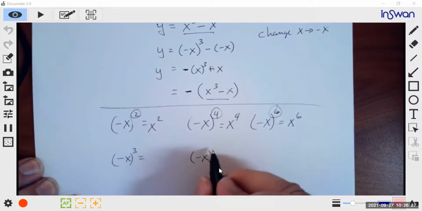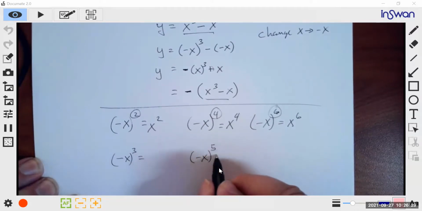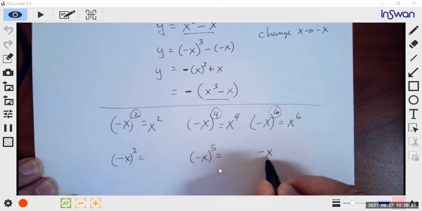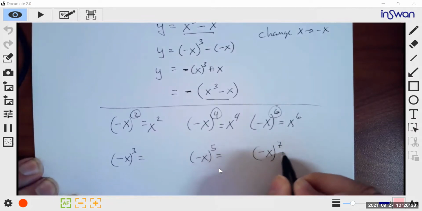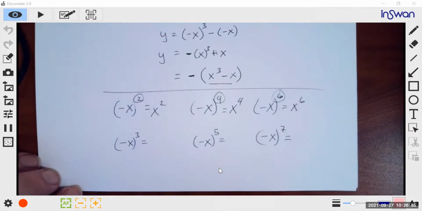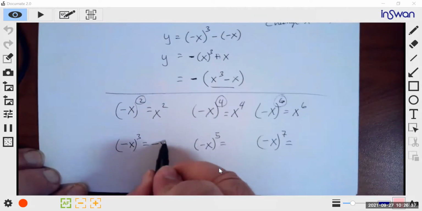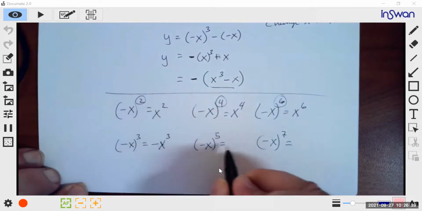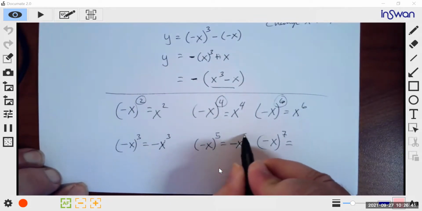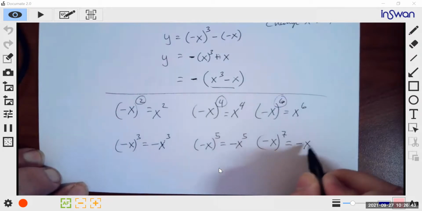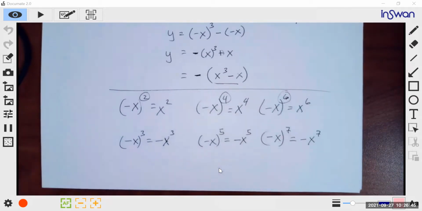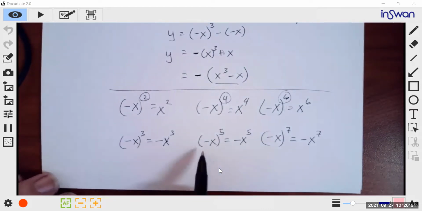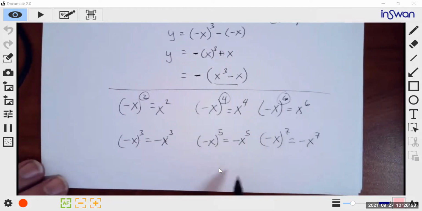How about negative x cubed, negative x to the fifth, negative x to the seventh? They're going to stay negative. So it'll be negative x cubed without the parentheses. Why is it without the parentheses?